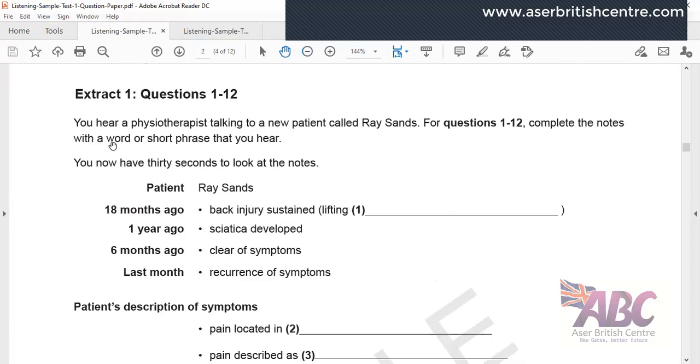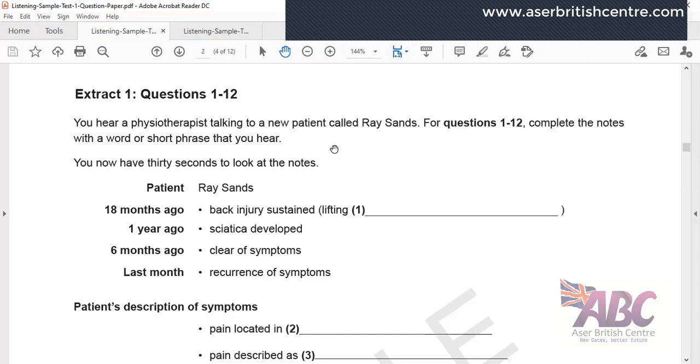Complete the notes with a word or short phrase. As we said, it could be 2 or 3 words that you hear. You have 30 seconds to look at the notes, and these 30 seconds are very important to try to predict the answers.